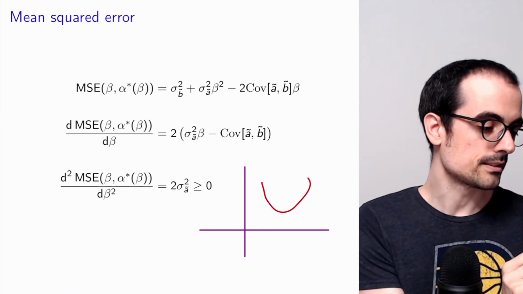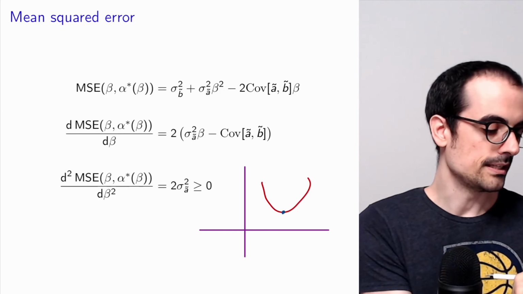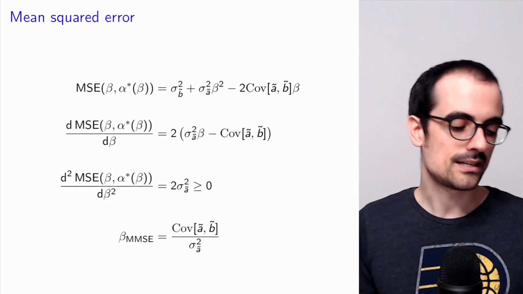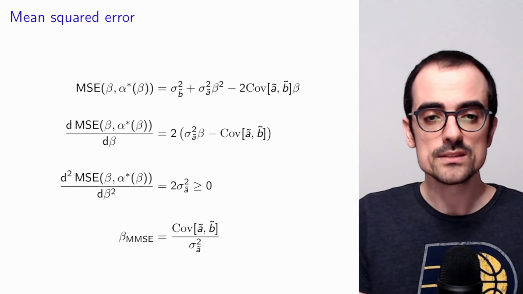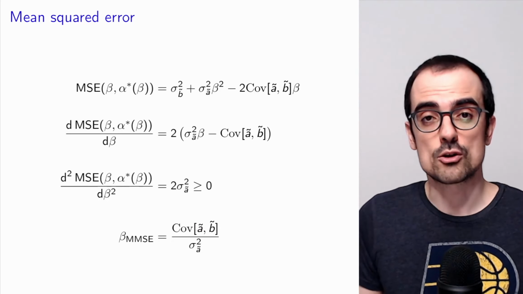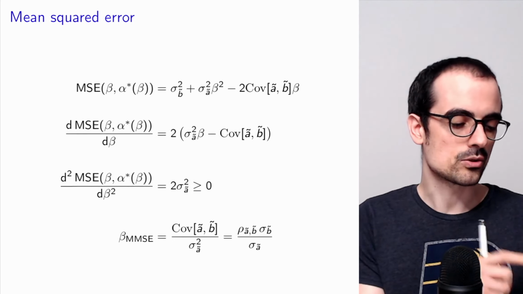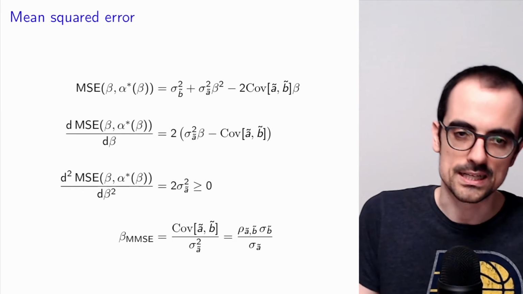And we can look for the minimum by setting the first derivative to 0. That gives us a value of beta equal to the covariance divided by the variance of a, the squared standard deviation of a. Remember that the correlation coefficient is equal to the covariance divided by the product of the standard deviations. So this is just equal to the correlation coefficient times the standard deviation of B divided by the standard deviation of A.